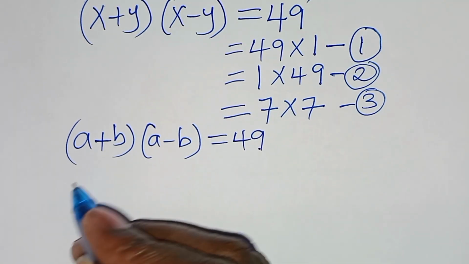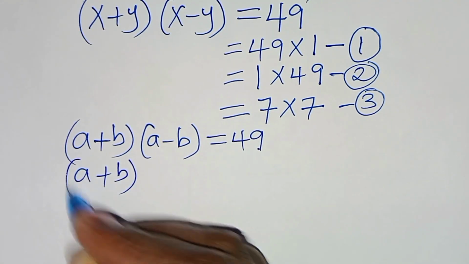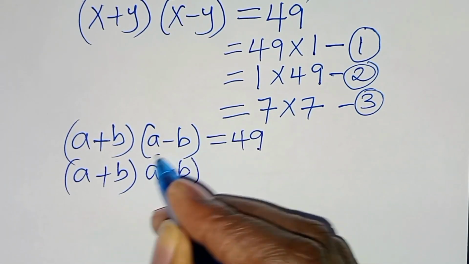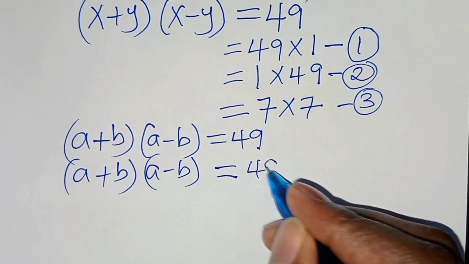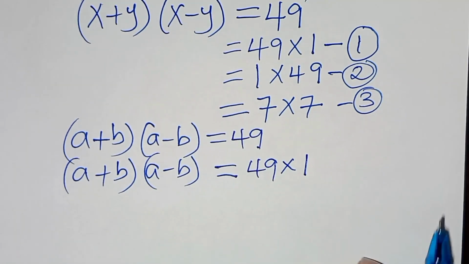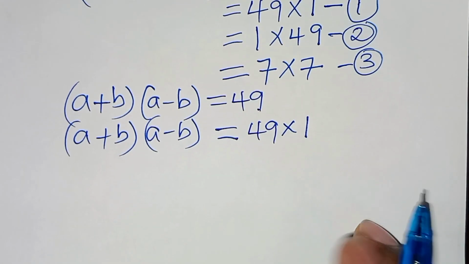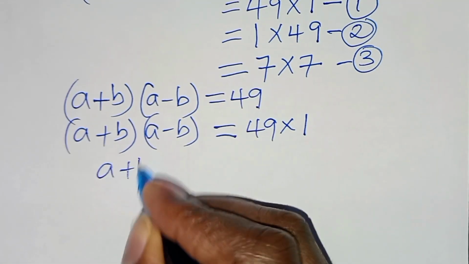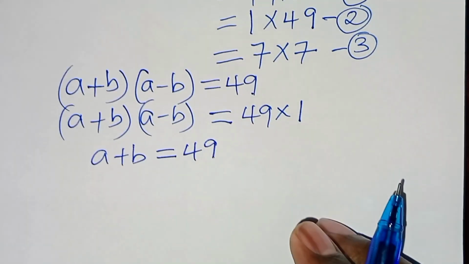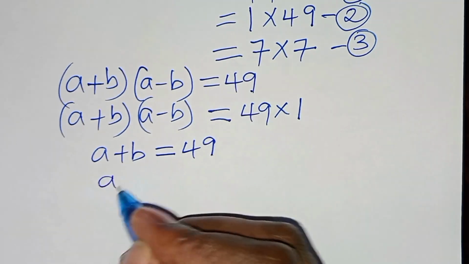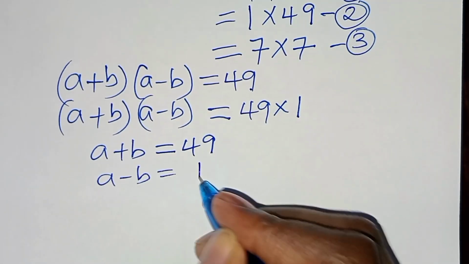We have a plus b, a minus b, equal to, now the first case here is 49 times 1. So that means a plus b is equal to 49. The second factor, we have a minus b is equal to 1.